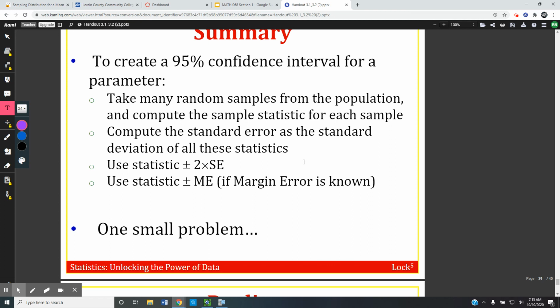We use the statistic plus or minus 2 times the standard error, or we use the statistic plus or minus the actual margin of error if known. If we know the margin of error, we always use that, because if the margin of error is given, we have a little more insight. Because remember, when we're running the standard error, we're actually doing mathematical calculations that can be slightly off. They can change. They cannot be the same.